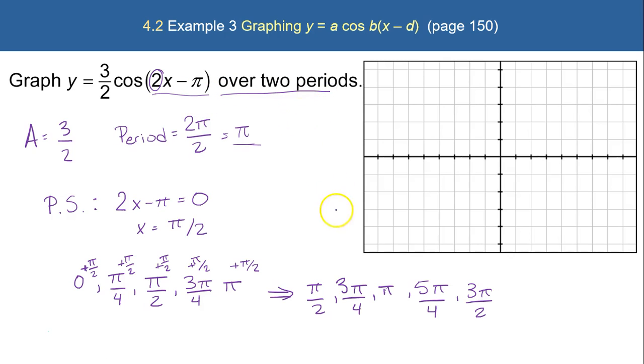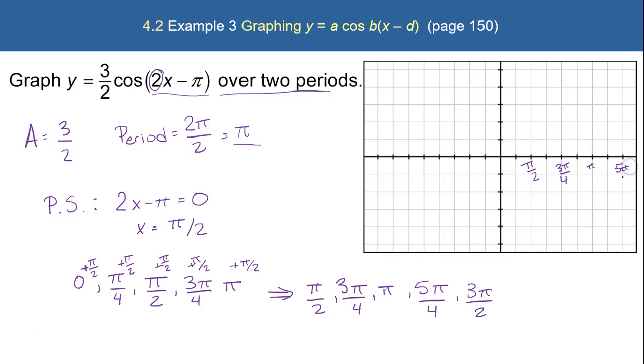Okay, so I'm going to go ahead and label my x-axis like this. This is going to be my pi over 2, my 3 pi over 4, and then my pi, and then my 5 pi over 4.